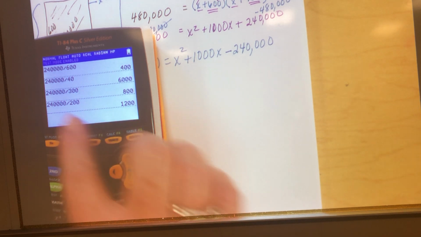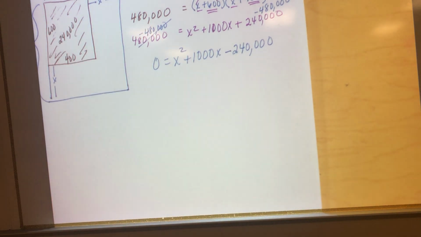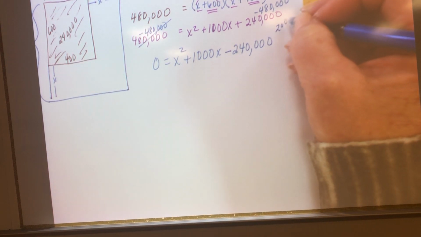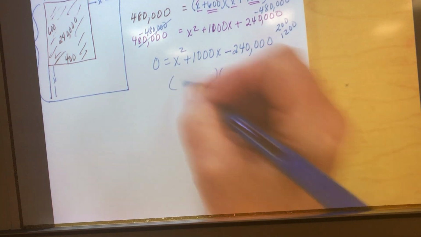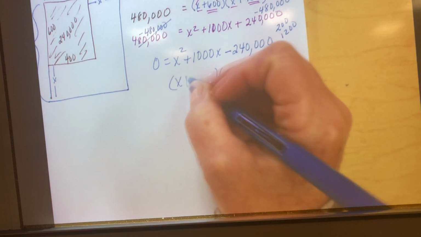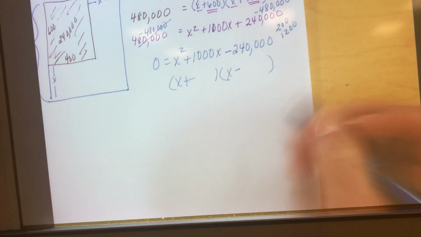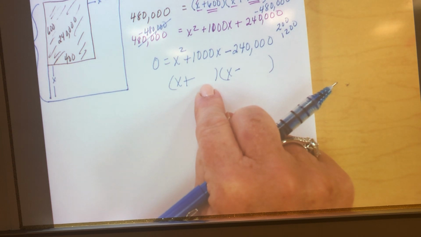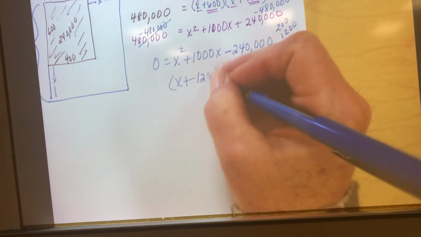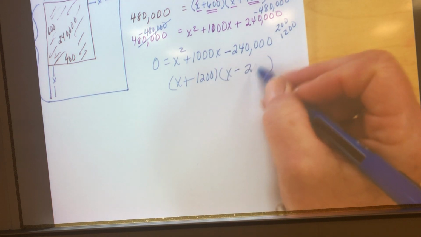Okay, so those are my factors, 200 and 1,200. So let's factor: x and x. A minus sign means a plus and a minus. Now, I want them to subtract to give a positive 1,000. So who goes by the plus sign? The 1,200. And the 200 goes by the minus sign.